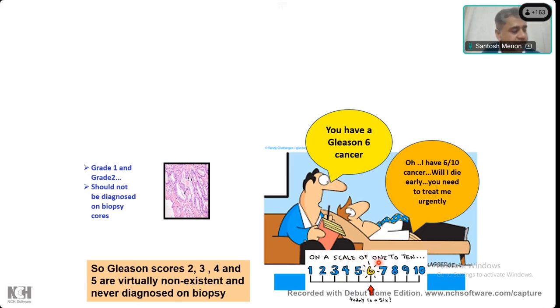So the understanding in the last decade has been that 6 is the minimum cancer which can be diagnosed, and it may not need to be treated unless it is a very substantial amount of 6 cancer. Prostatectomy for early cancers is done, but if the cancer is present in a couple of cores or 3 cores, like Dr. Borges said, we may not need to treat those patients.